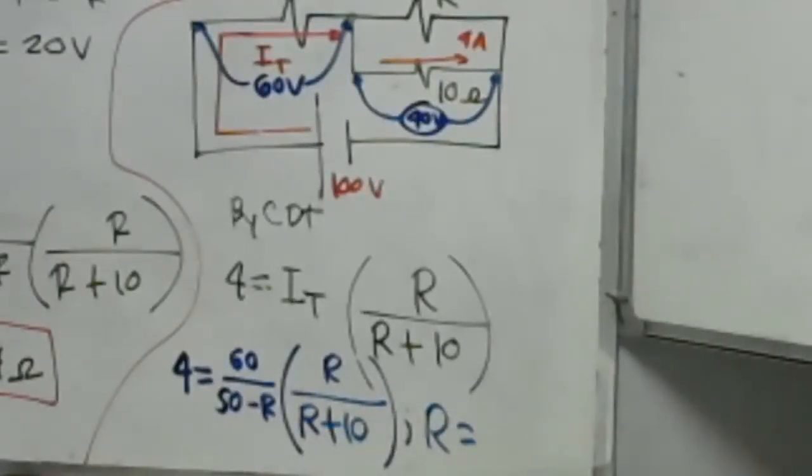Okay. So we have 4 alpha calc, then we have here 60 over, that is 50, then alpha, close parenthesis. Oops, that should be minus. So we have here alpha, close parenthesis, then over, alpha, close, then plus 10.